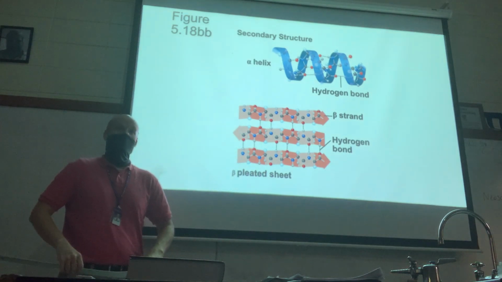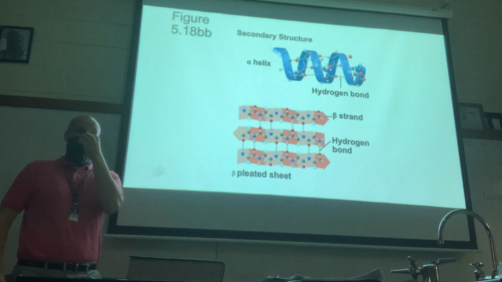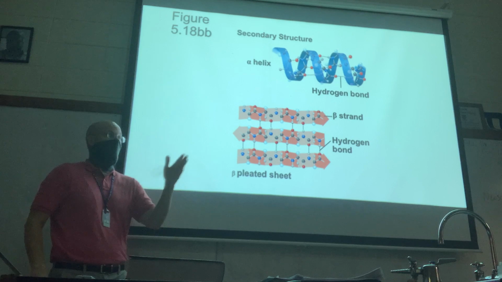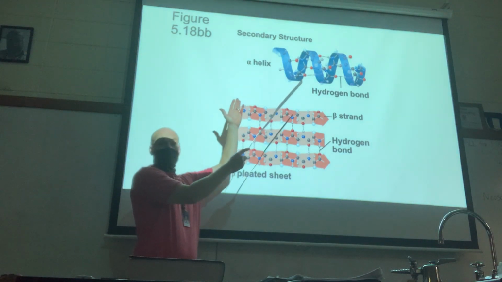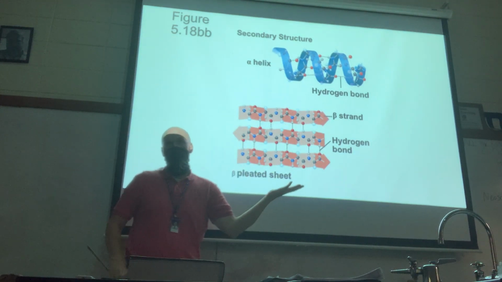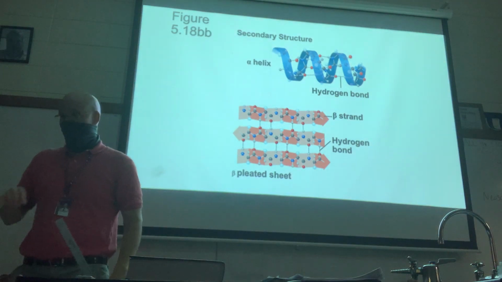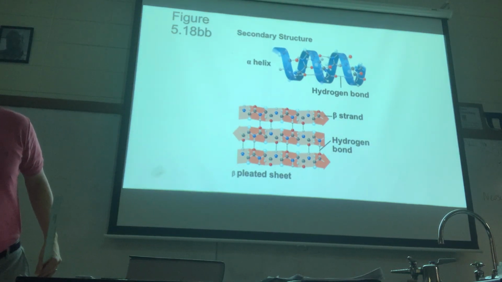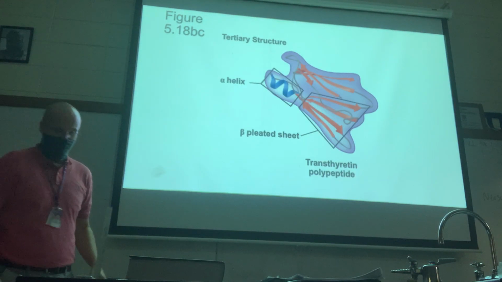But that's the secondary structure. Based on the primary structure, based on the order of amino acids, that part of the chain may twist or fold. Twist or fold. Now, that's not the extent of the shape.